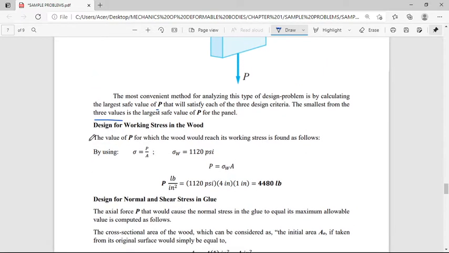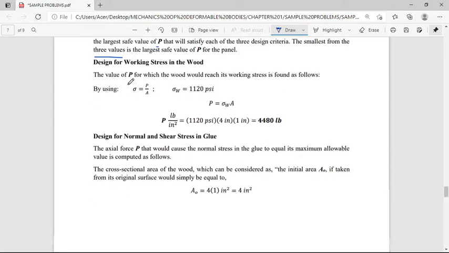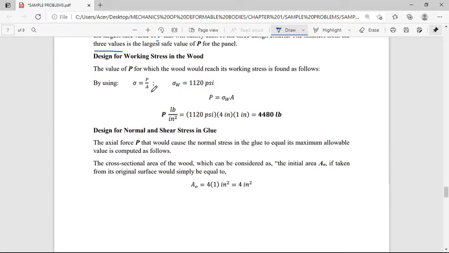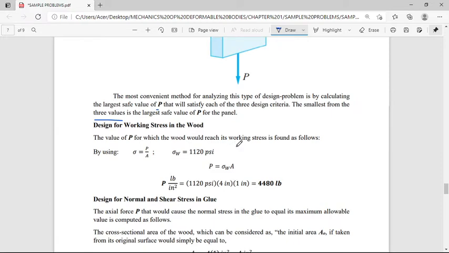So, to design for working stress in the wood, we have here the value of P for which the wood would reach its working stress. By using our formula, stress equals P over A, or force over the cross-sectional area, we will first use the working stress of the wood, 1,120 psi.